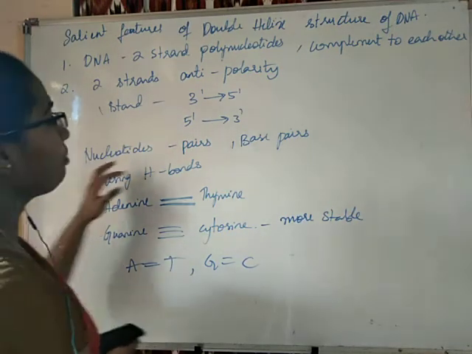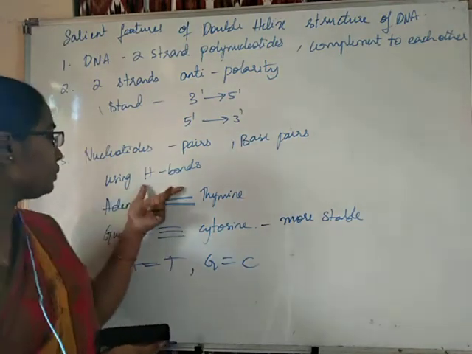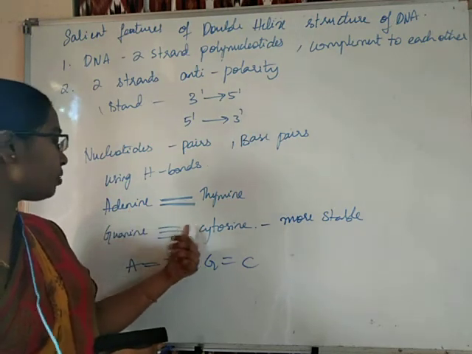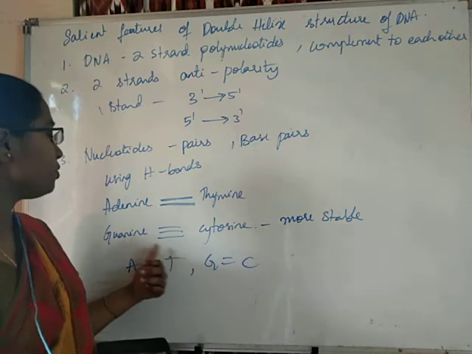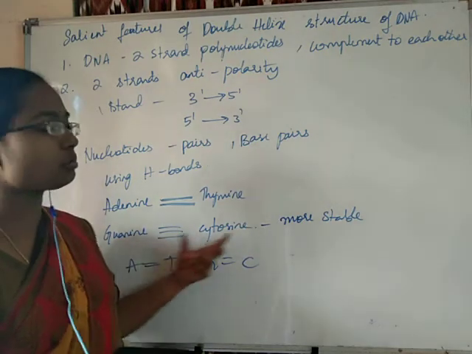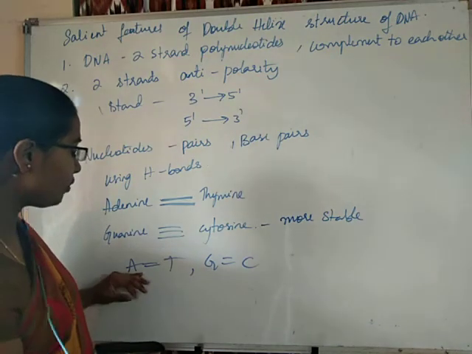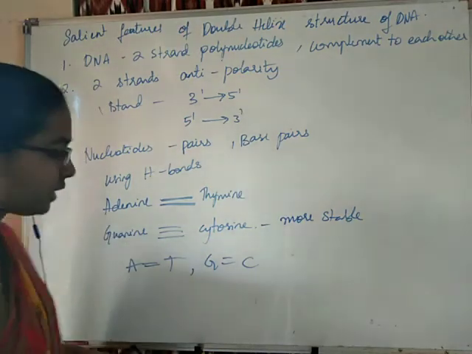Nucleotides always occur in pairs forming base pairs. They are paired using hydrogen bonds. Adenine pairs with thymine using 2 hydrogen bonds. Guanine pairs with cytosine using 3 hydrogen bonds. So, binding of guanine to cytosine is more stable than adenine to thymine. And always the number of adenine is equal to thymine, and the number of guanine is equal to cytosine.